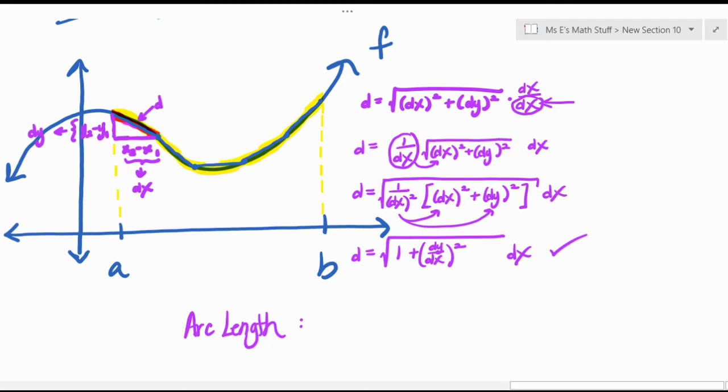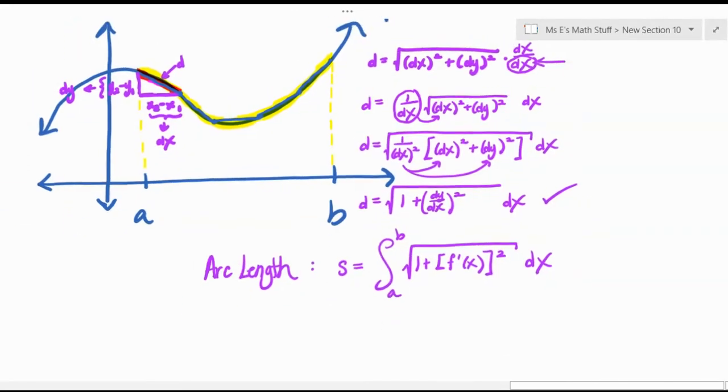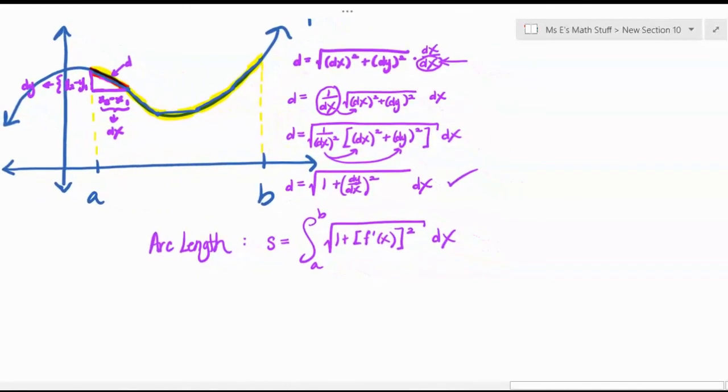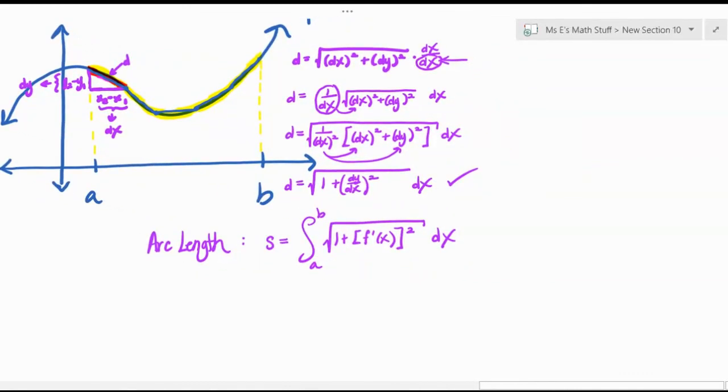So here's the arc length formula. They use lowercase s for some reason to represent arc length. So we are going to add up infinitely many of these guys. You could write dy dx, but another name for dy dx is f prime of x. And we would start adding at A and stop adding at B. There we go. I hope that makes sense.